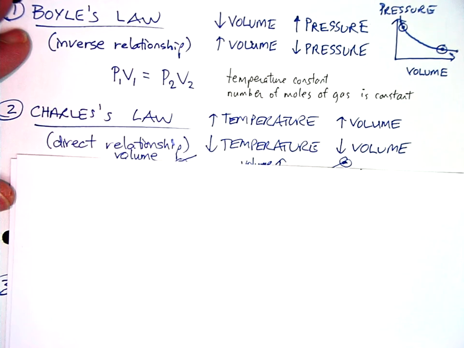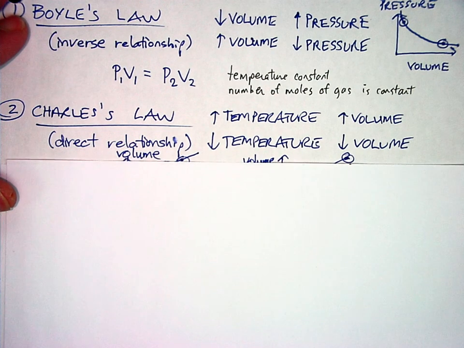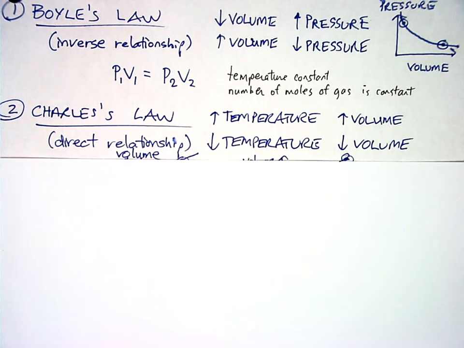So the next law that we're going to look at is Charles's law. Now this one kind of makes sense. We're going to use the balloon on a hot plate attached to a flask to demonstrate this. But basically, as the temperature goes up, the volume goes up. As the temperature goes down, the volume goes down. Pretty straightforward.